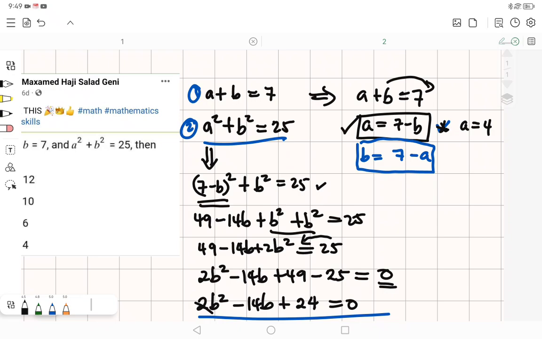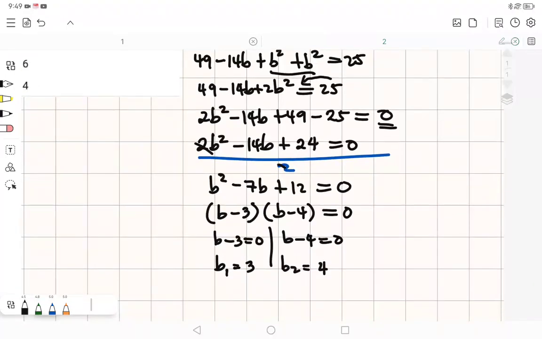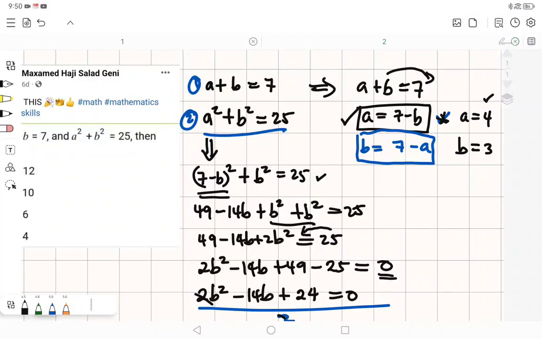And then if we solve for b in terms of a, since we have 4 as our a, b is equal to 7 minus 4, so b is equal to 3. What if we use 4? If the value of b is 4, 7 minus 4 is 3. So a is 3, and when a is 3, b is equal to 4.